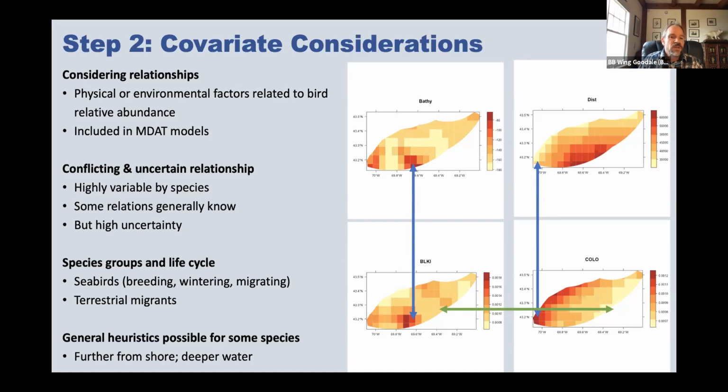One thing that is important for us to know, though, around covariates is that they're going to be conflicting and uncertain relationships. For some species, there are going to be higher concentrations closer to shore. Some species will have higher concentrations further from shore. And a lot of these relationships aren't necessarily well known, and we have a fair amount of uncertainty around it.